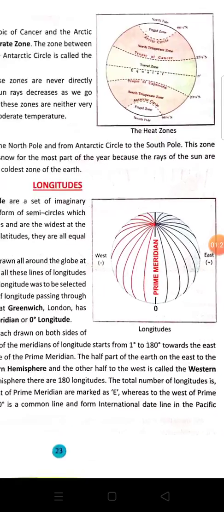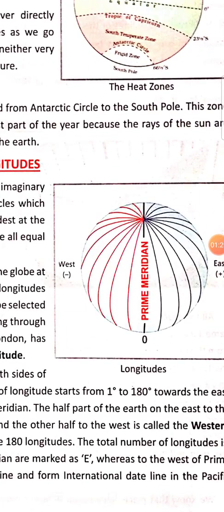There are 180 degree longitudes drawn on both sides of the prime meridian. The values of the meridians start from 1 degree to 180 degrees towards the east as well as towards the west side of the prime meridian. Now you see this is the prime meridian, the prime longitude line.